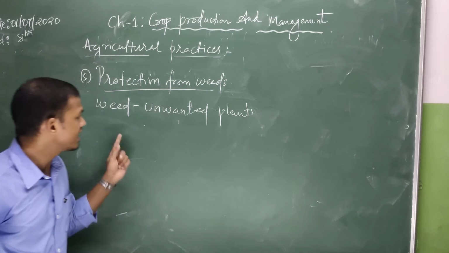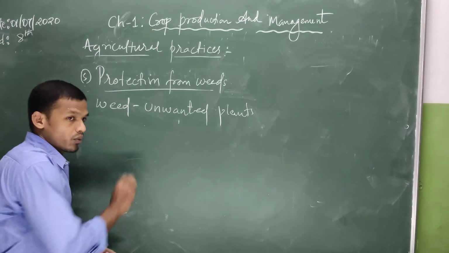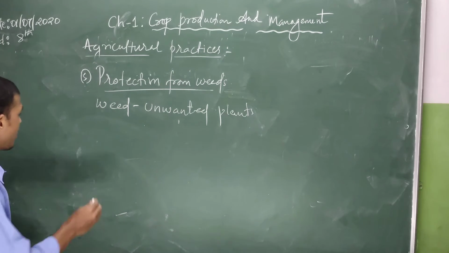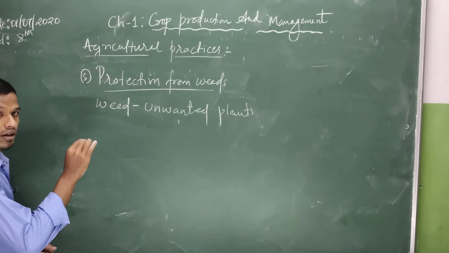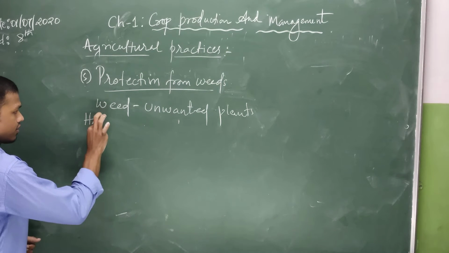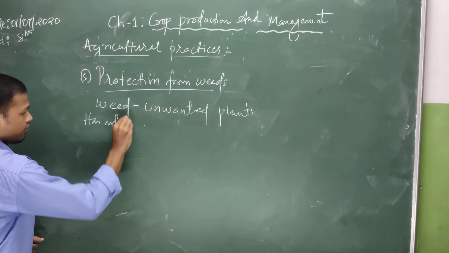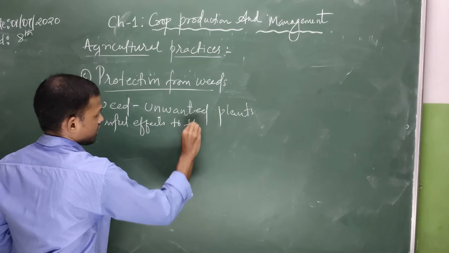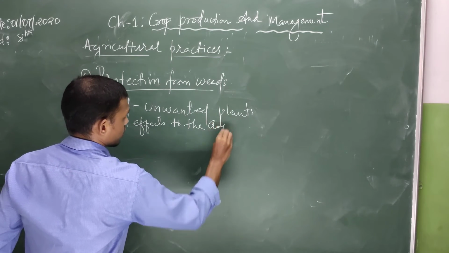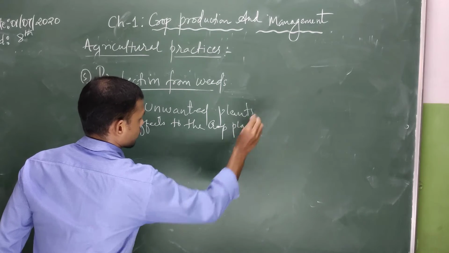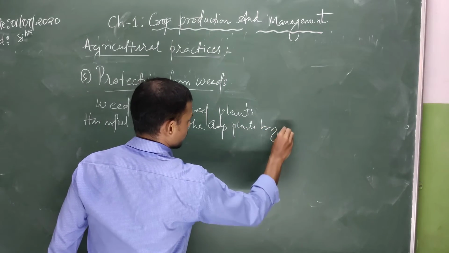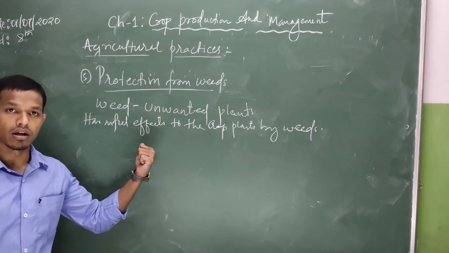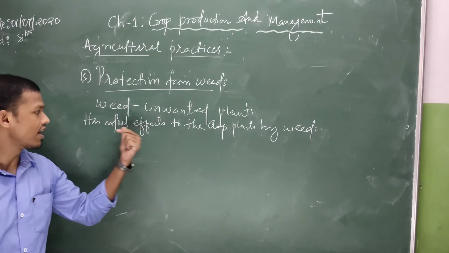So weeding is necessary, right? Because if weeds grow along with the crop, they may harm the growth of the plant. So what are the harmful effects of weeds to the crop plants? When weeds grow undesirably in the field, they have some harmful effects.